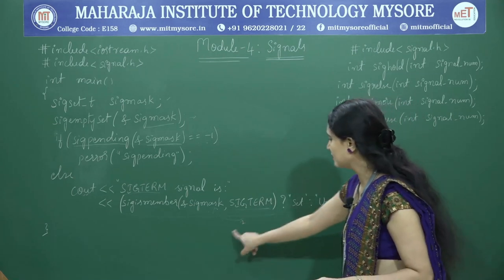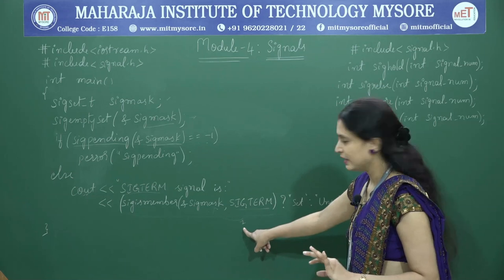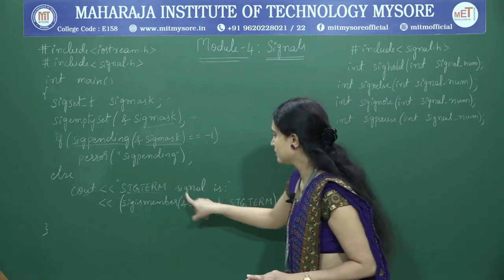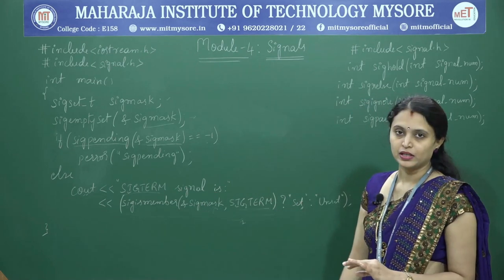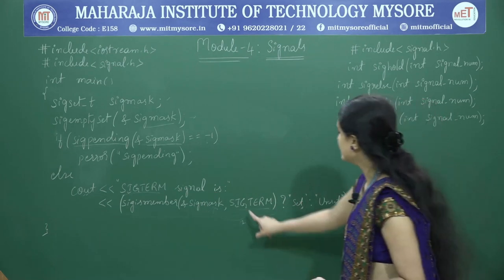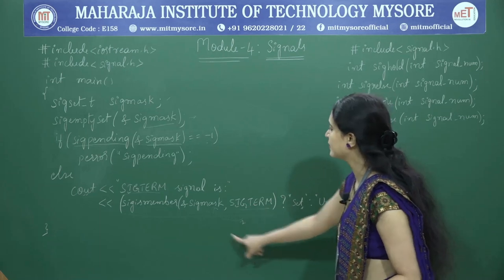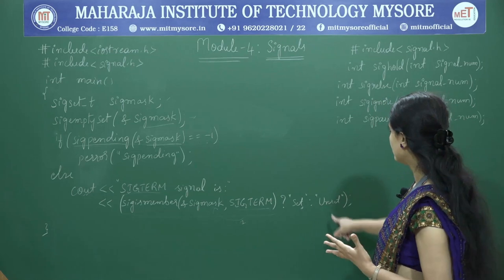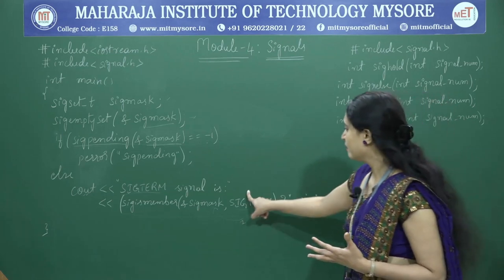Suppose if this is present, it returns true, and in that case I am printing that the SIGTERM signal is set. Let us assume that SIGTERM is not present in this sigmask variable. In that case unset will be printed.